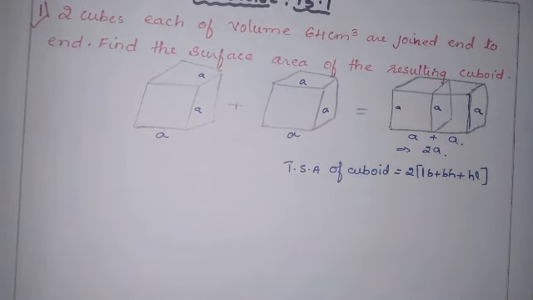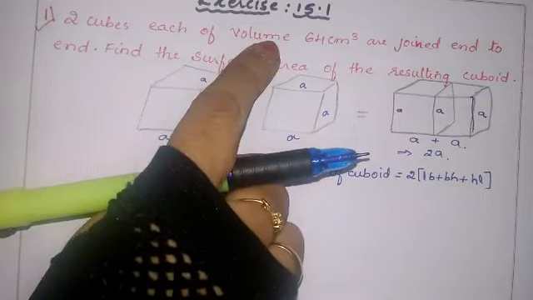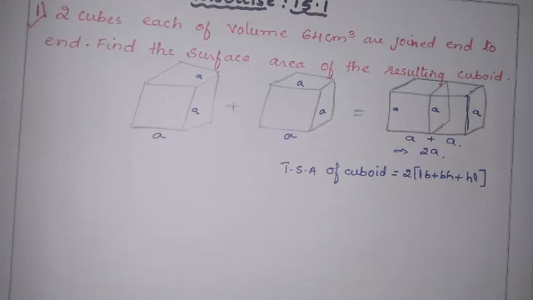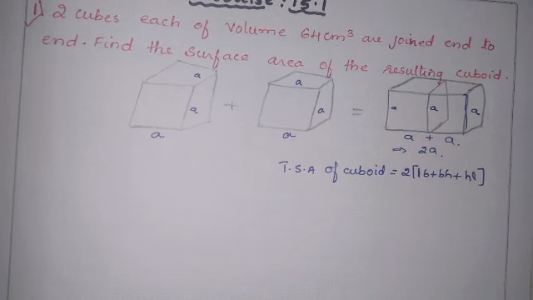Now, we don't know the side value, but they have given two cubes, each of volume 64 centimeter cube. So the volume is given, and we have to find the side. We know the formula for the volume of a cube.